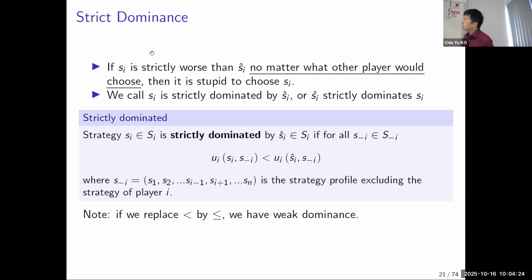It means that no player should choose a strategy that is always worse off, no matter what other people would do. Okay. So definition: if you have this strategy, s_i is worse than s_i hat. Okay.